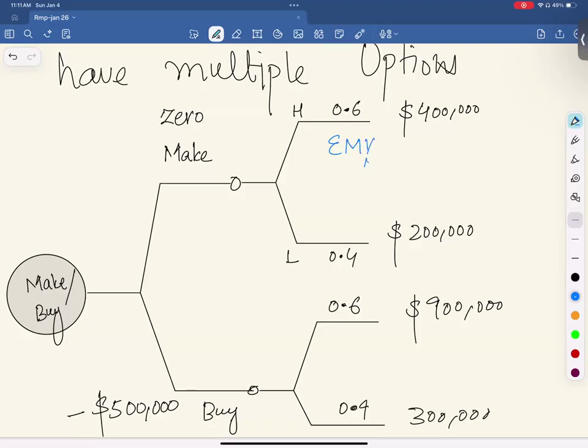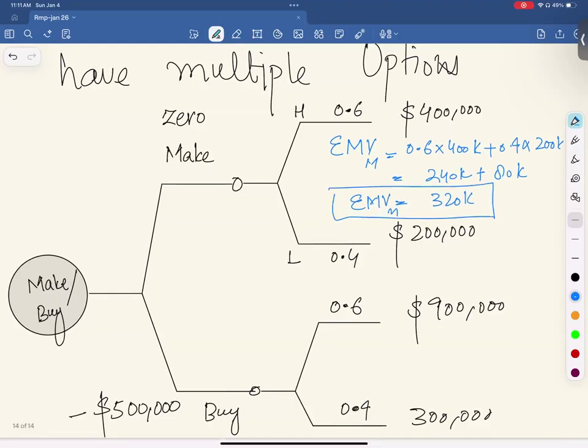So EMV for make, I told you the formula, probability into impact. So 0.6 into 400K plus 0.4 into 200K. So this is 240K plus 80K, 320K. Expected monetary value, total benefit that you can expect if you make the product in-house, is $320,000.